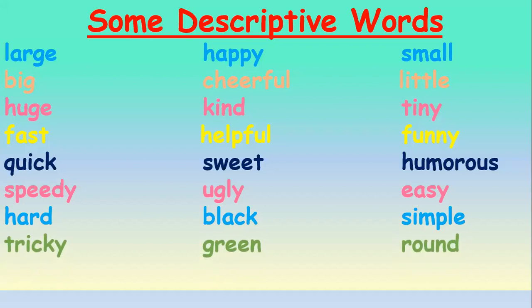Green, round, active. Red, nice. So these are some descriptive words you can use when you write your story.